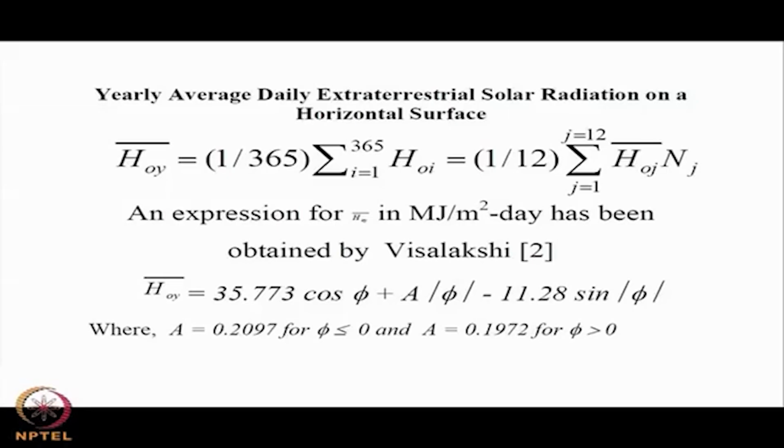In other words, southern hemisphere extraterrestrial radiation is slightly more, because when the angles are favorable, the distance also is nearer, unlike in the northern hemisphere. It looks like a very empirical relation, but a summation was done from the expression from which the 35 or so can be derived, and these are add-ons to take care of both the southern and northern hemispheres.